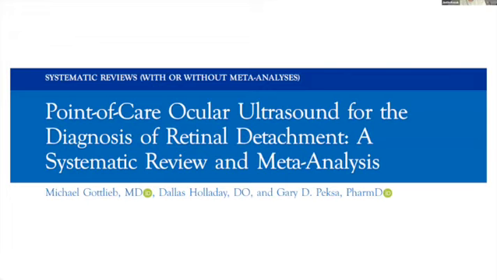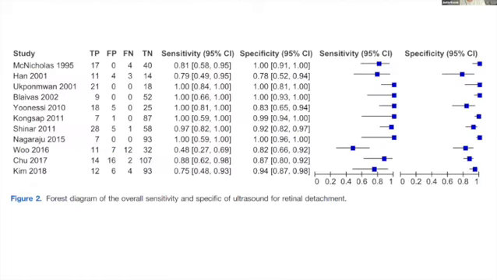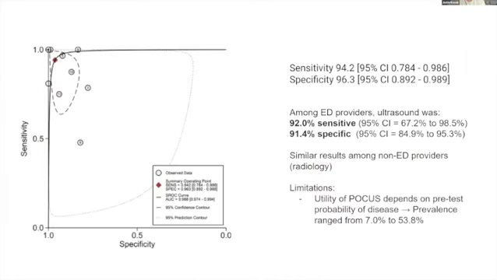I won't really get into this, but basically there was another meta-analysis available that showed similar results. This was published in 2015 or so, just to corroborate that. They found among ED providers that POCUS was 92% sensitive and 91% specific. They also comment on one of the limitations being that the utility of POCUS really depends on pretest probability of the disease.